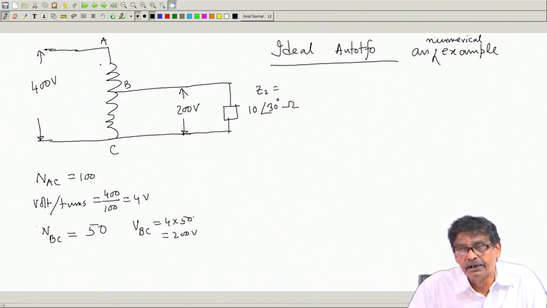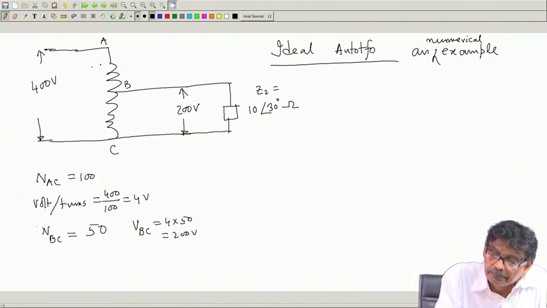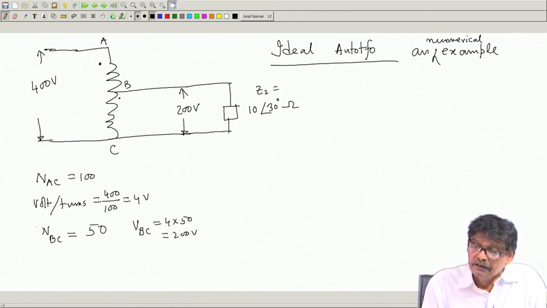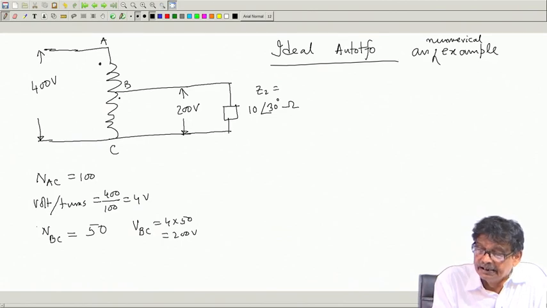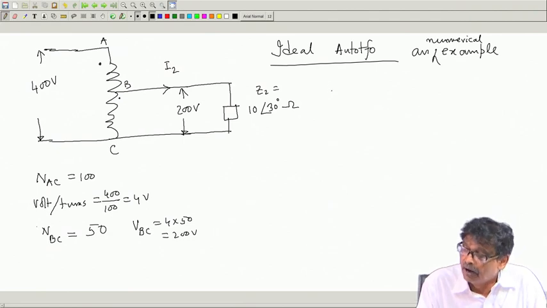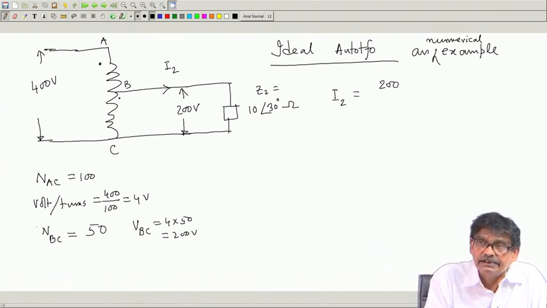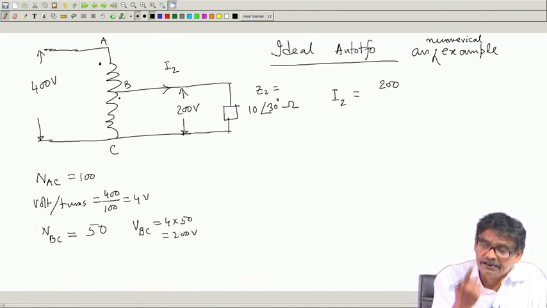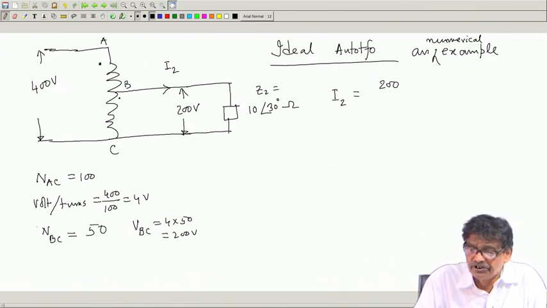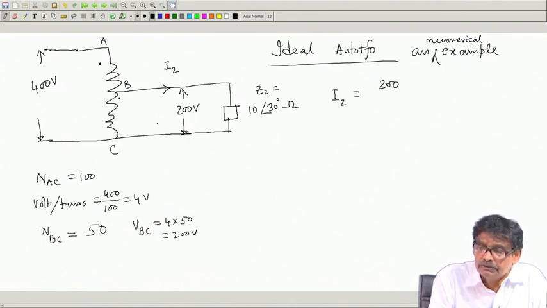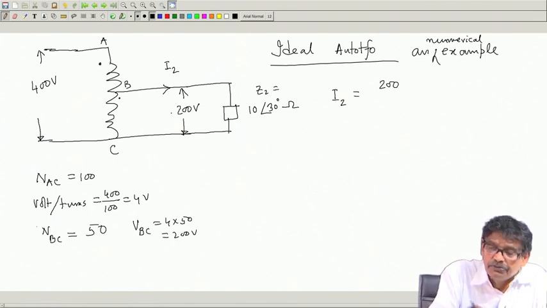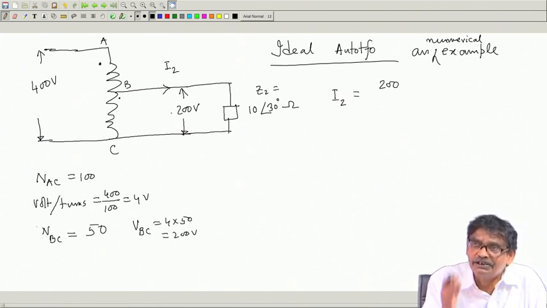Now, I have been asked to calculate currents in all the parts of the auto transformer, and mind you, this is dot, this is dot here. First thing what I can see that I can calculate this current I 2. So, I 2 will be 200, all voltages will be in phase, because same flux links all the voltages, and there is no distinction between V 2 and E 2, no distinction between V 1 and E 1, they are one and the same, and all the voltages are in time phase.